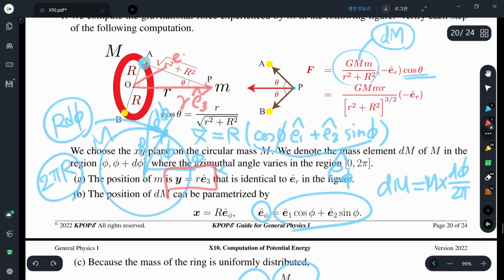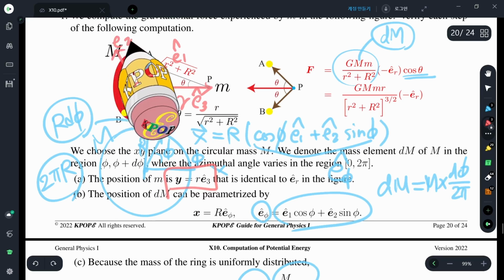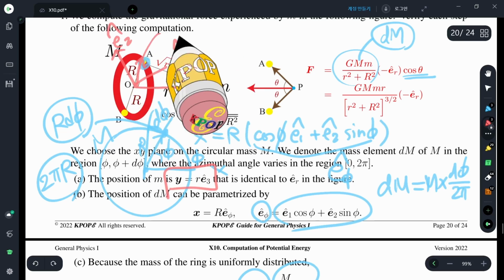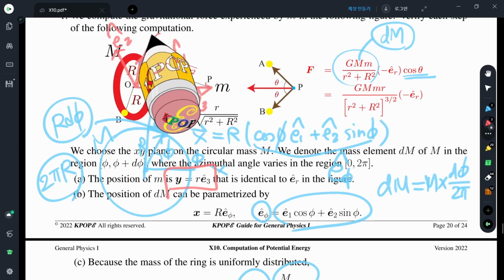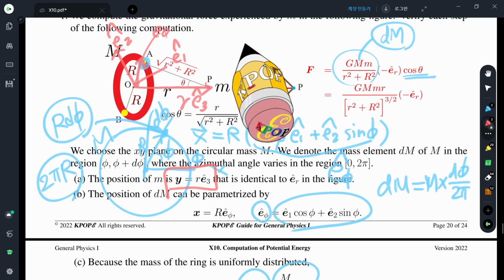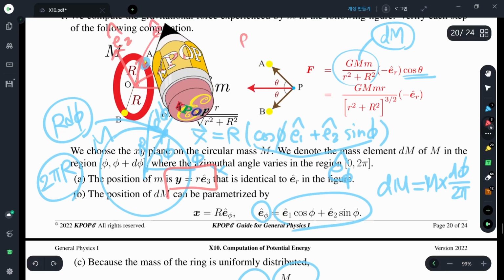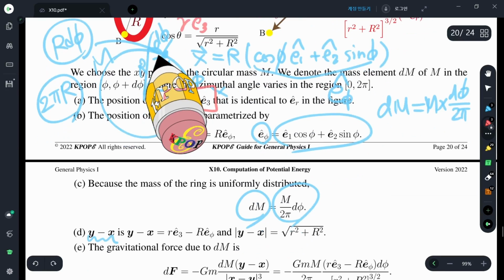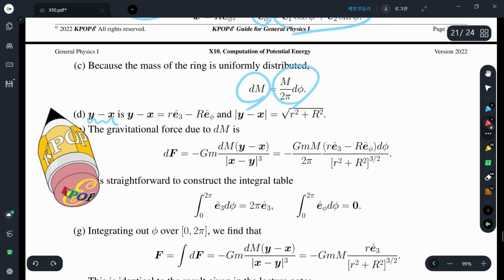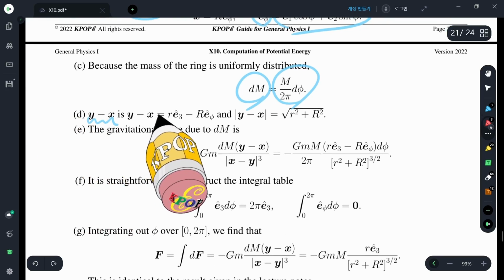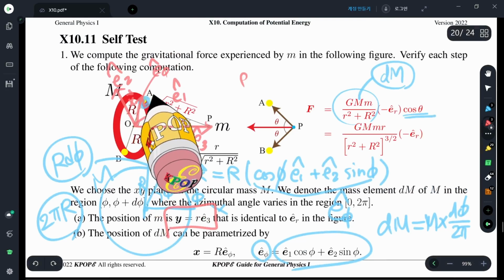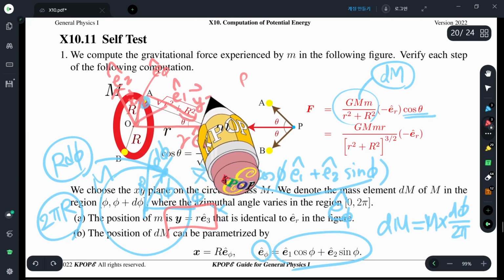We have e1 hat and e2 hat, and this one is e phi hat. Perhaps we should have used rho instead of phi, but that doesn't matter. That is integrated over. Right. And y minus x, this is the distance. This is x. This is y minus x.